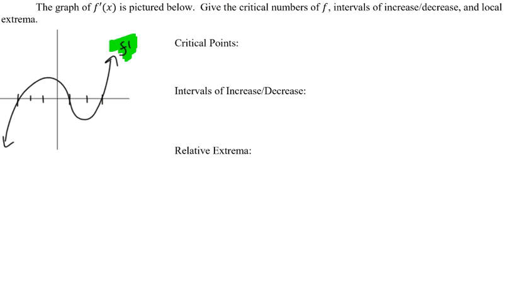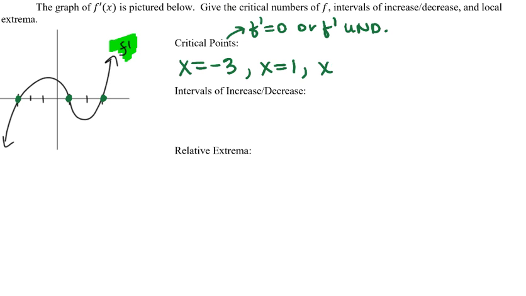The critical points are going to be, again, where either f prime equals 0 or f prime is undefined. And so I don't see anywhere where the derivative is undefined, but I see these places where the derivative is equal to 0. So that's x equals negative 3, x equals 1, and x equals 3.